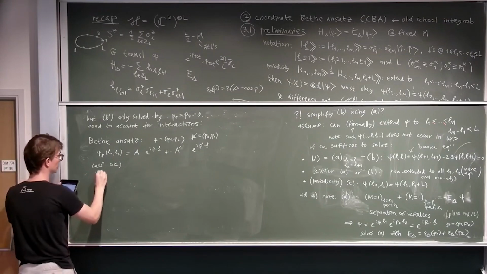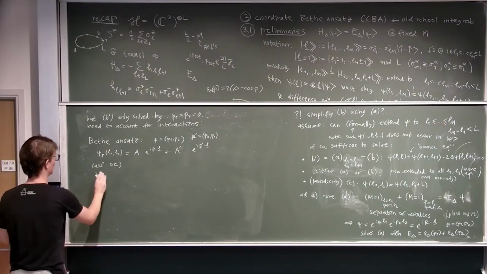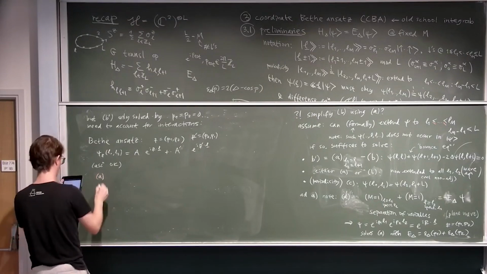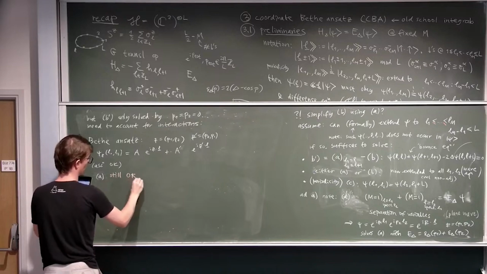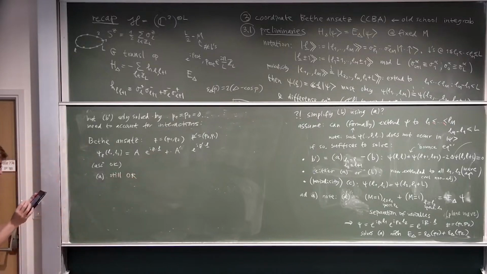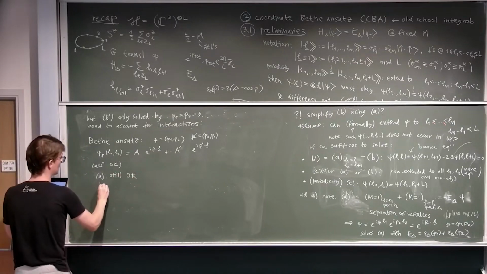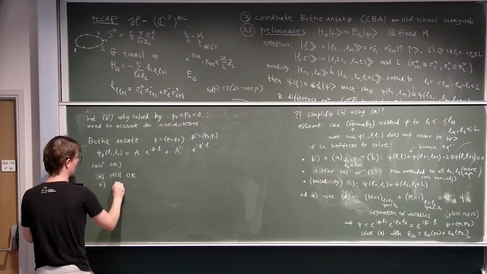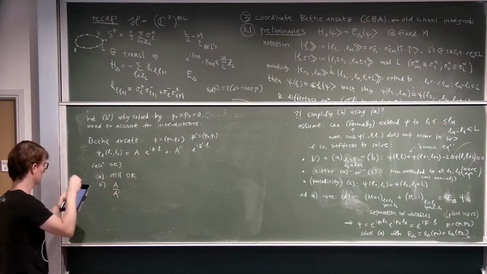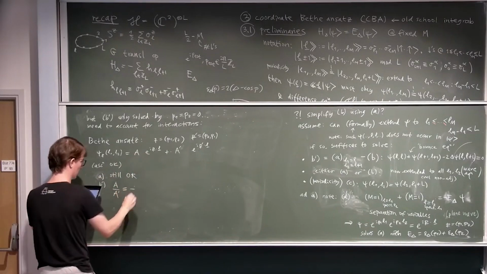So then our equation A is still fine, because we just took two solutions of the form that we found there. And then this boundary condition B prime. What you find from this is that the ratio of these coefficients A and A prime is the following ratio.